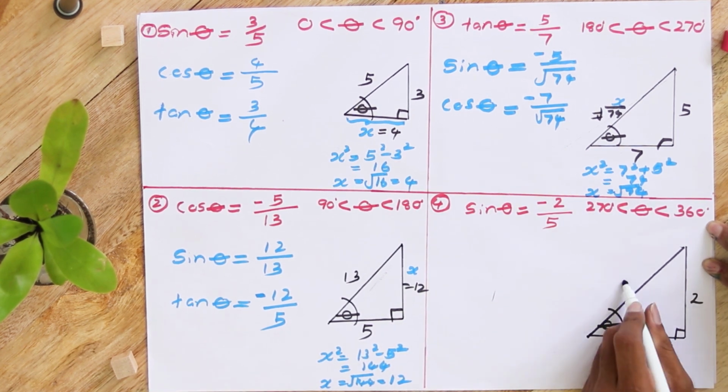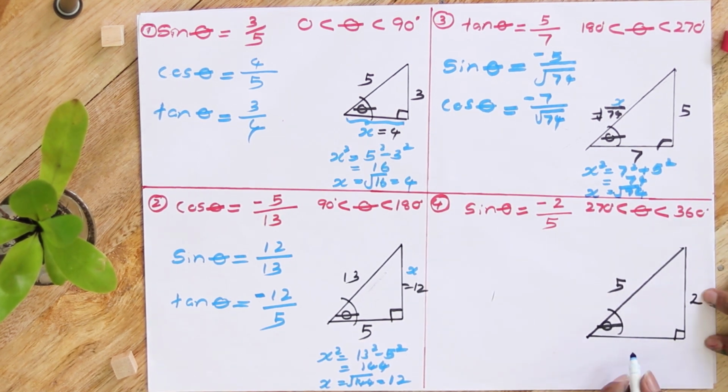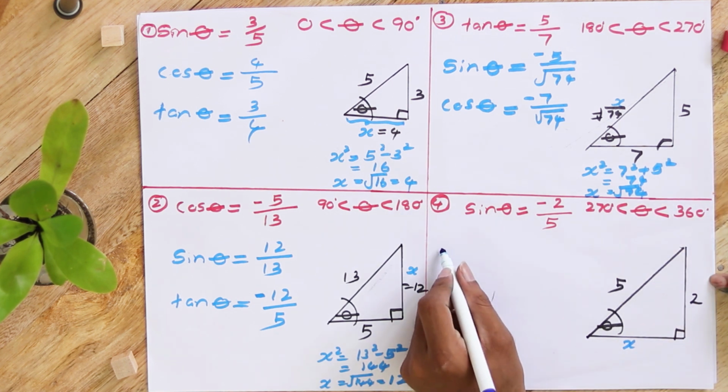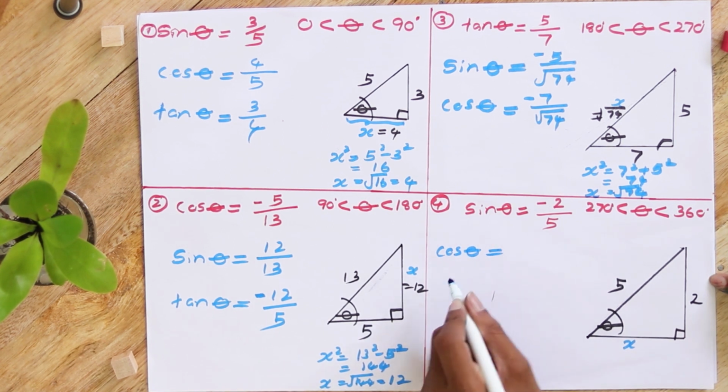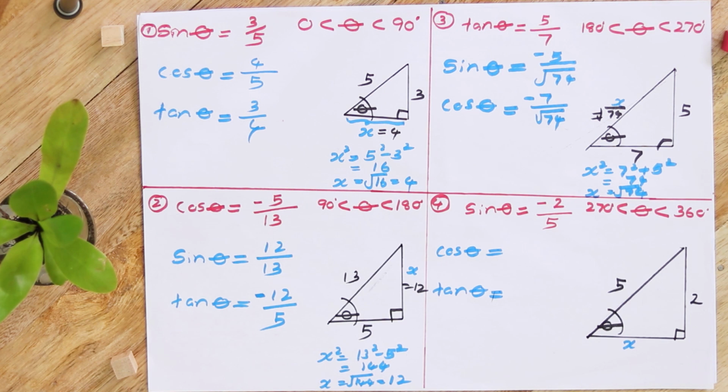Opposite side is 2, hypotenuse is 5, and now we are supposed to find this x. We are going to find cos theta and tan theta. Now using Pythagoras, x square equals 5 square minus 2 square, which is 25 minus 4, 21, and so x will be square root of 21.